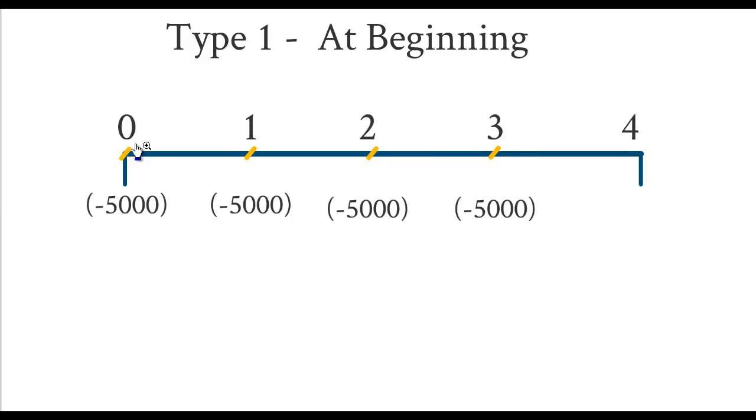You have 4 cash outflows at beginning of year 1, beginning of year 2. Remember the point 1 here represents end of year 1 as well as beginning of year 2. So your cash flows at beginning of year 1, beginning of year 2, beginning of year 3, and beginning of year 4.